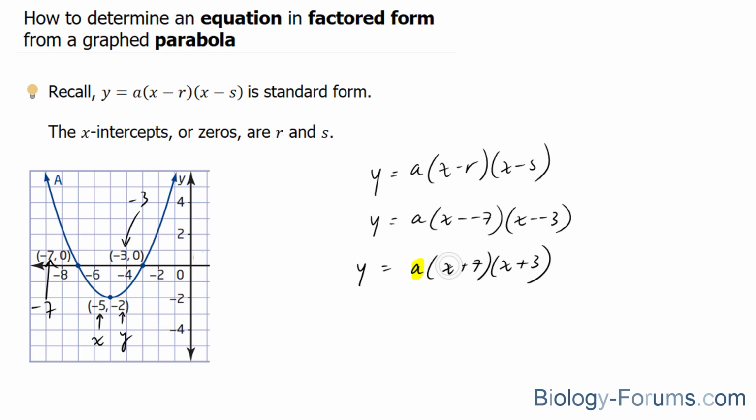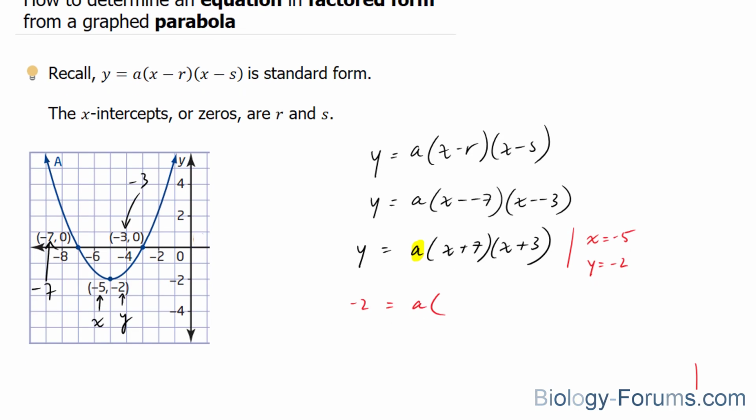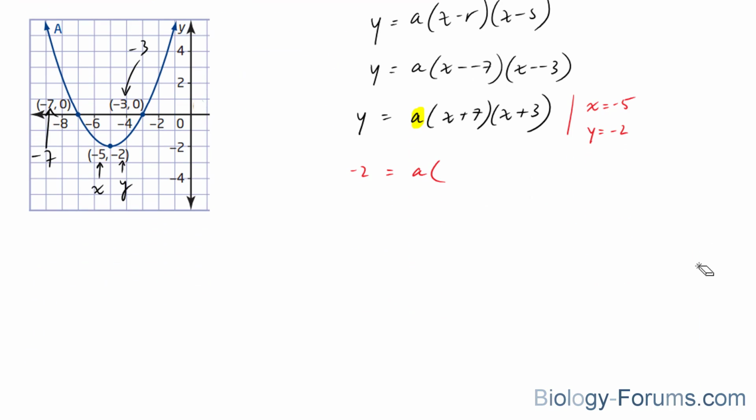So let's replace the x and the y with the following. X will be replaced with -5, and the y will be replaced with -2. So -2 is equal to A. I'm just going to increase the space here. A(-5 + 7)(-5 + 3).